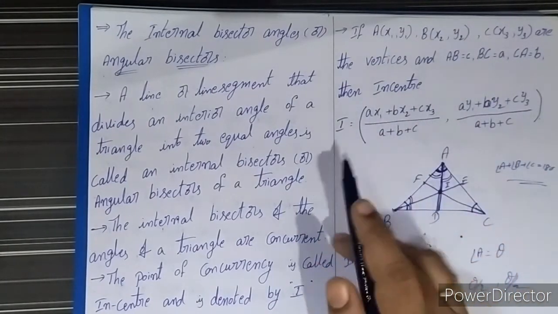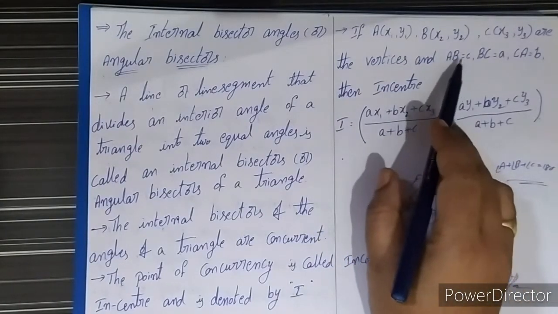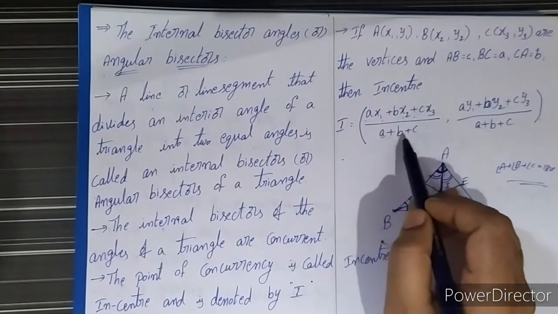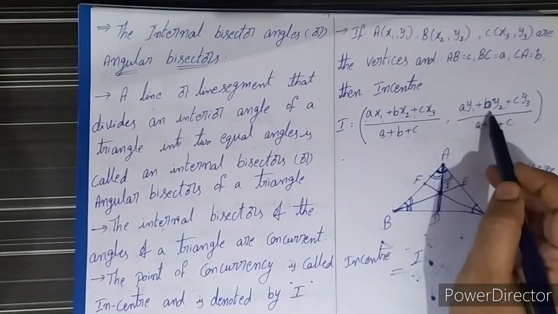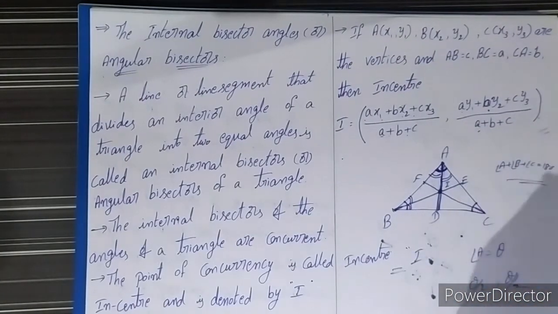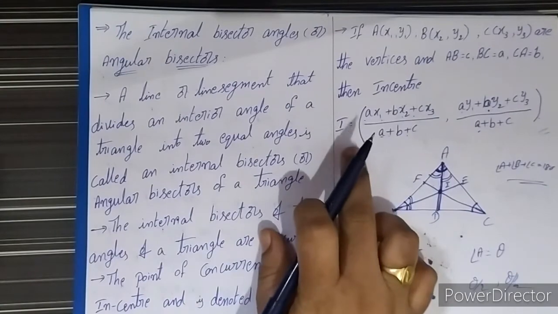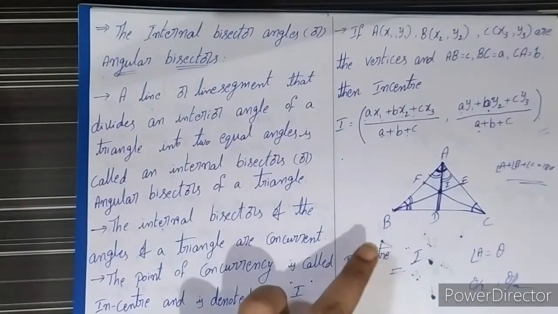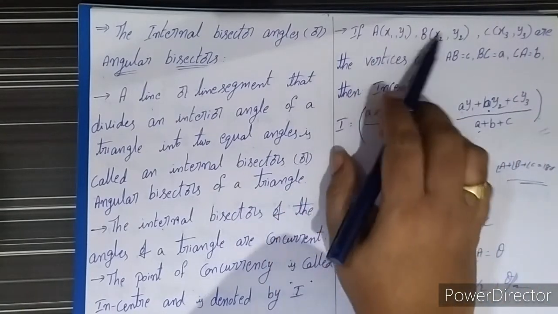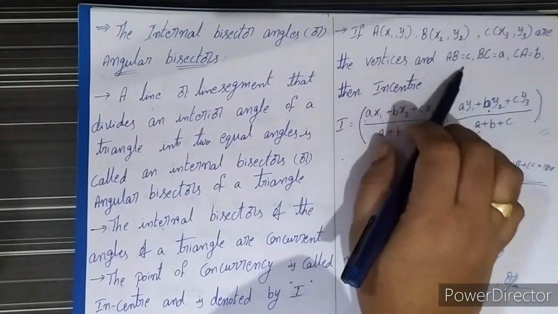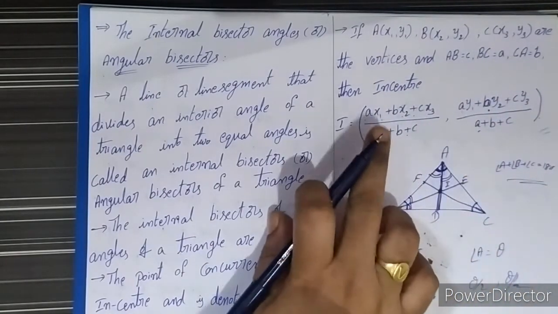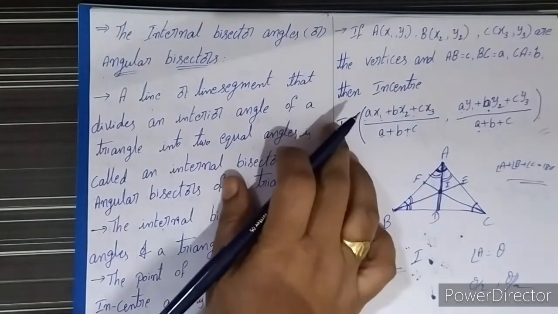Then the incenter formula I equals a x1 plus b x2 plus c x3 by a plus b plus c, comma a y1 plus b y2 plus c y3 by a plus b plus c. This is the formula for finding the incenter of any triangle. For finding this incenter, we have only the vertices of a triangle and the distances of the sides. By using these, we have to find out the incenter of a triangle.